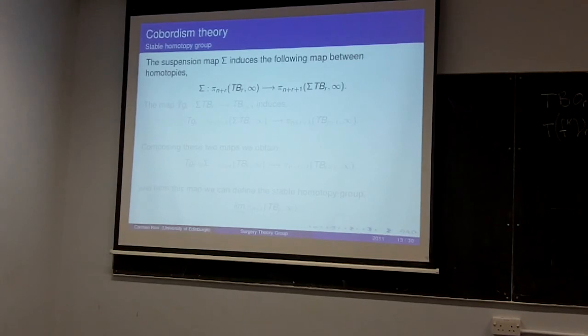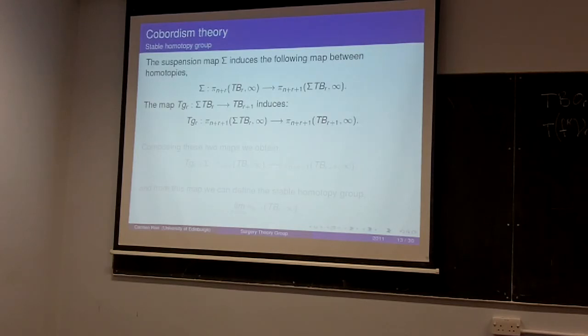So we are nearly there, because now we know that the suspension map always induces a map between homotopy groups. And we also have, from our diagram, that map over there.